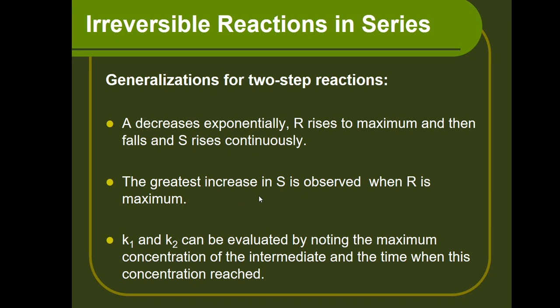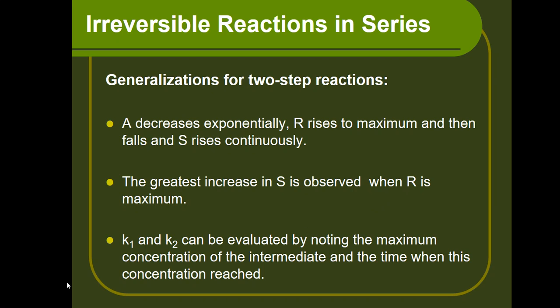The greatest increase in S is observed when R is maximum. Again, it's, I think, very self-explanatory. Your S will be formed in a faster rate when you have more R available to use.